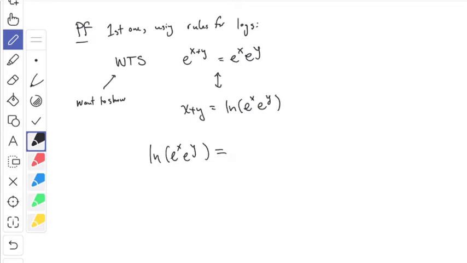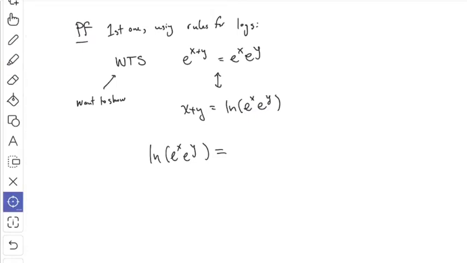Pop the e's out. Well, I don't want to do that inside the exponent because that's what I'm trying to prove in the first place. So x times y. I think, no, not quite.